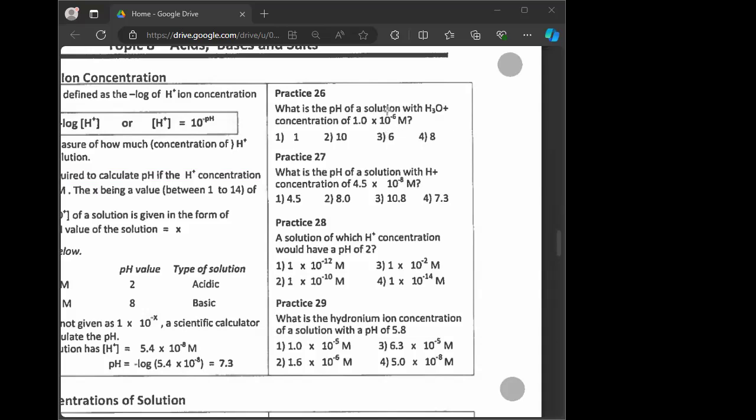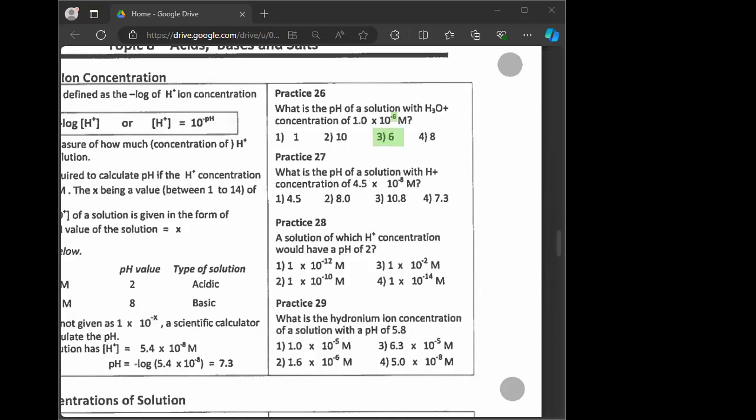Since it's 1 times 10 to the negative something, the pH is just equal to that exponent, which is just 6. So the answer is option 3.